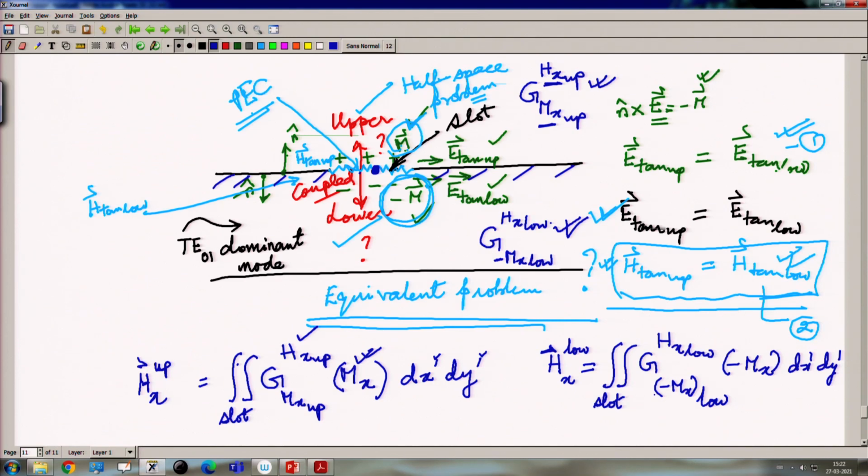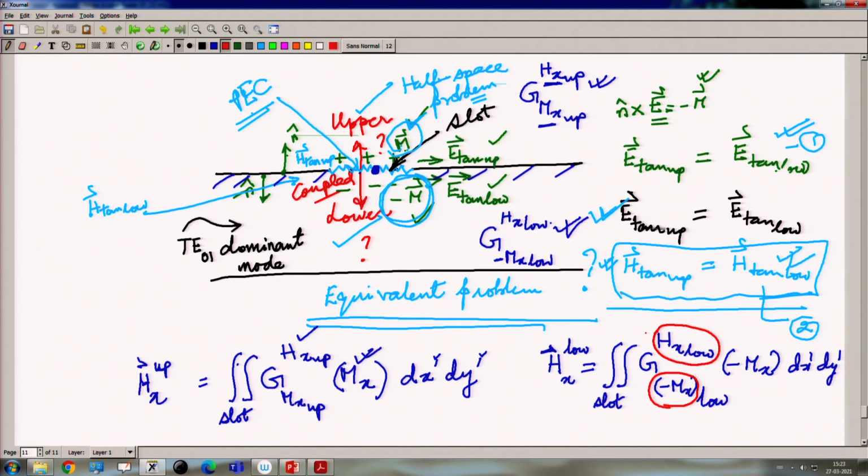Because the current resident on the lower surface is minus Mx, this M is x directed, as we saw in the previous discussion. The magnetic current is along the length of the slot, which is assumed along the x axis. So, it is minus Mx, and this is the tangential magnetic field in the slot, which is also x directed.